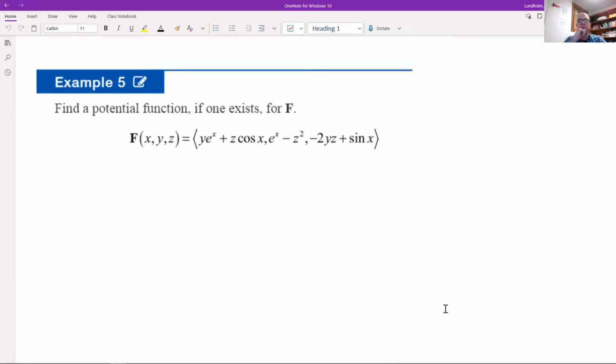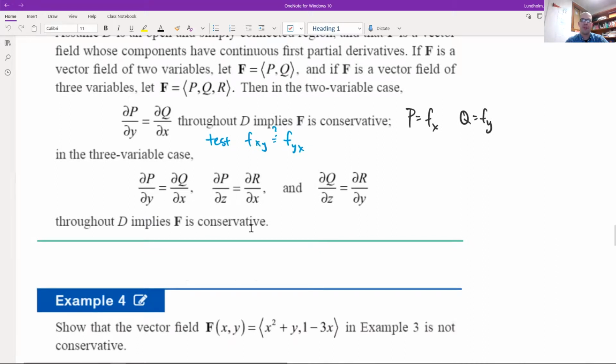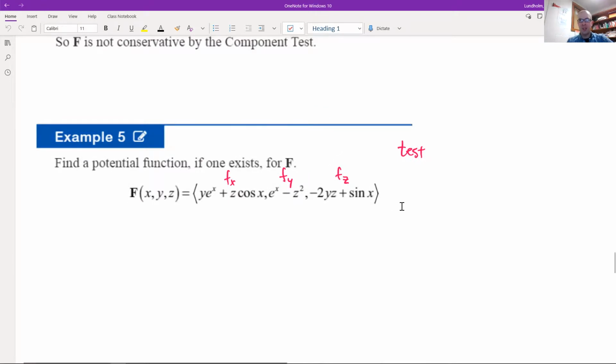So one thing that we could do real quick to test, and they call this the component test, since we've got the partial derivative with respect to x, the partial derivative with respect to y and the partial derivative with respect to z, because now we've got 3 variables, is we could go through each one and make sure that the partial derivatives actually equal each other.